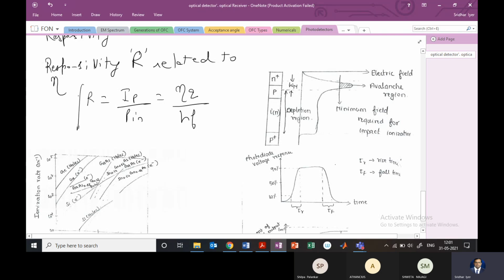So this is another way in which we can write the responsivity, and responsivity is always expressed in percentage.